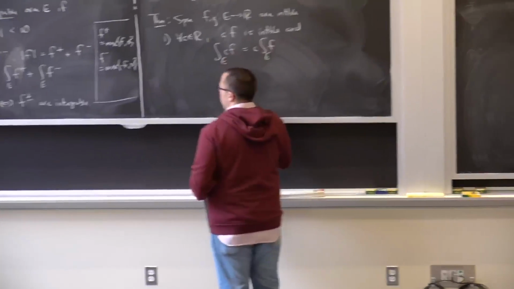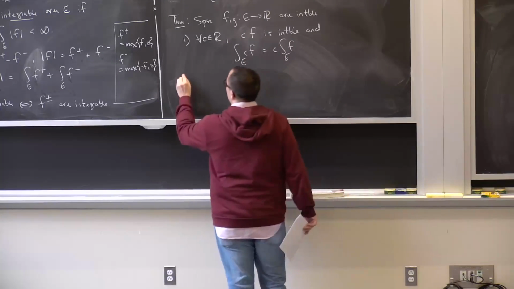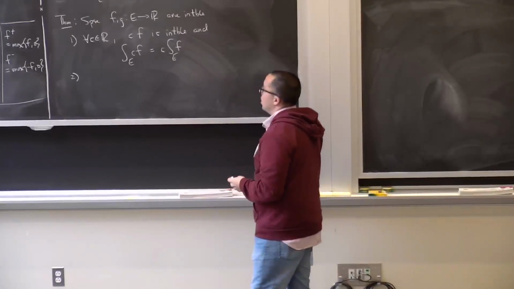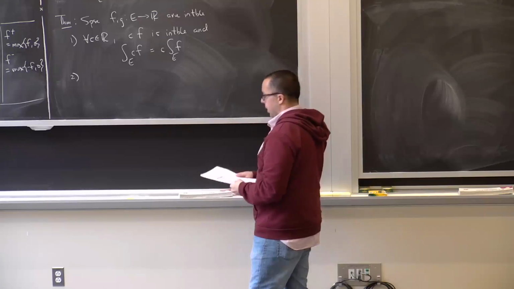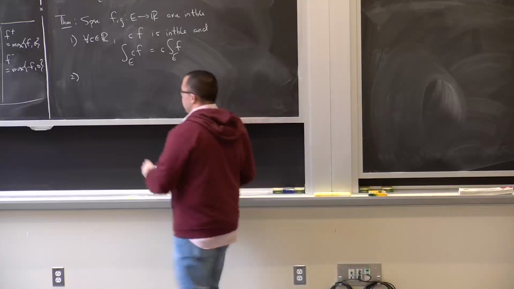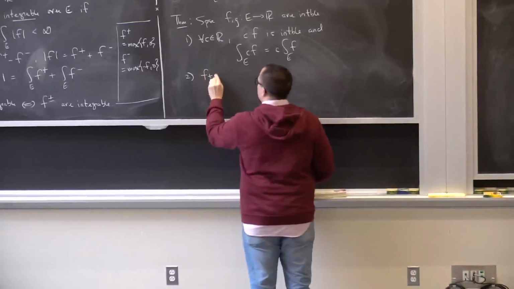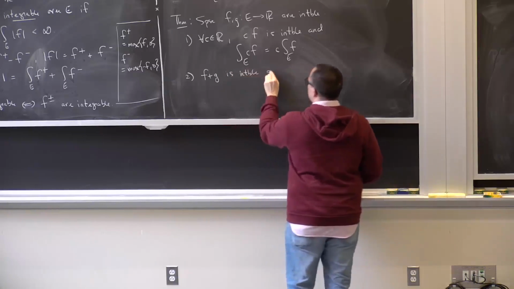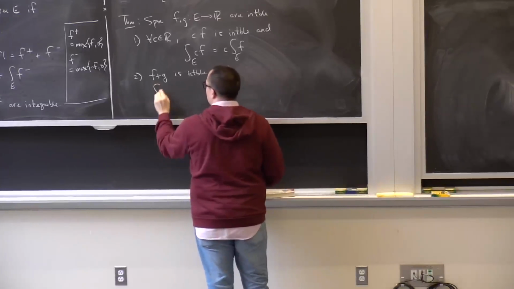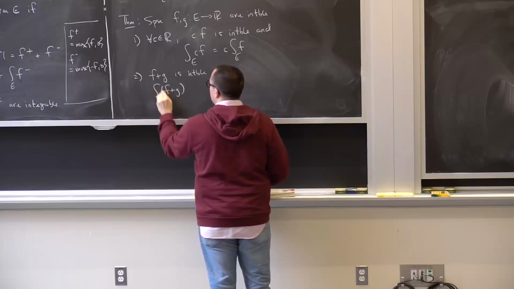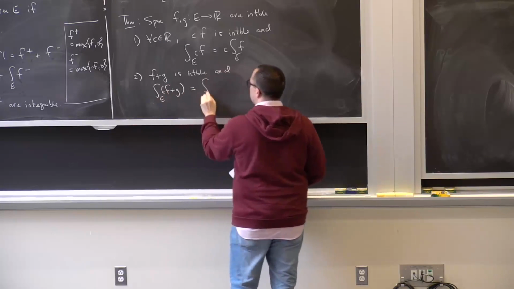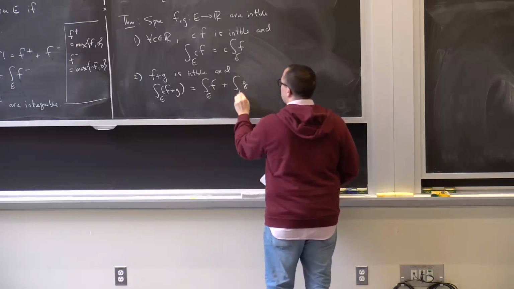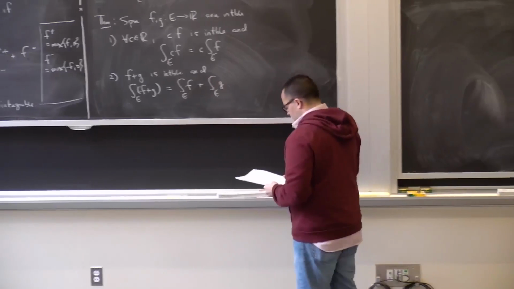That's one simple property that follows from the definition, along with the linearity that we have for the integral of non-negative functions over non-negative scalars. Also f plus g is integrable, and the integral of f plus g over E is equal to the integral over E of f plus the integral of g.